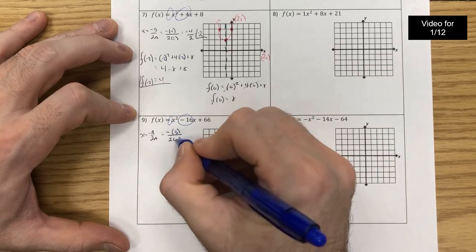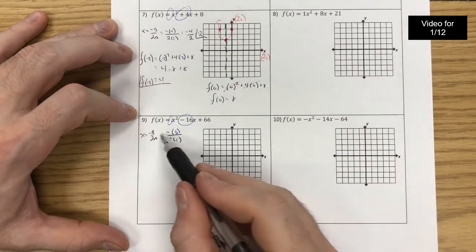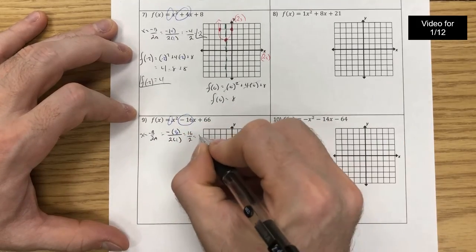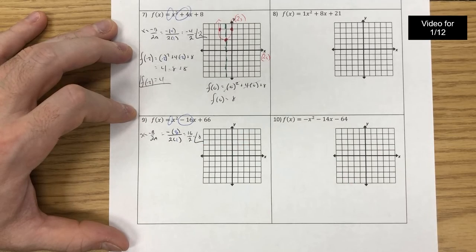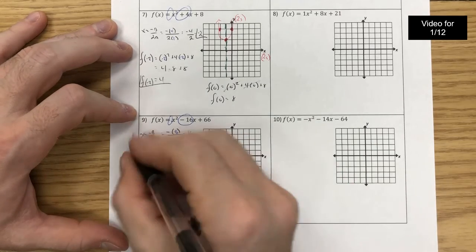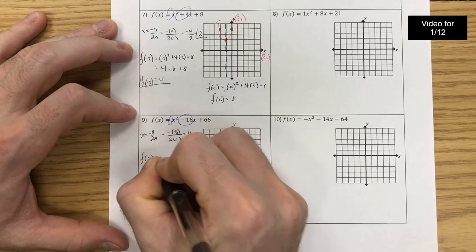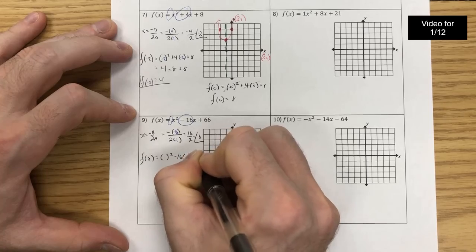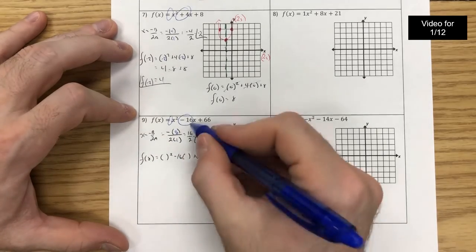My a in this case is a 1. So negative 16 is positive 16 divided by 2. I get 8. Ooh. And so if I take that 8 and plug it in, I'm going to plug 8 into my function.